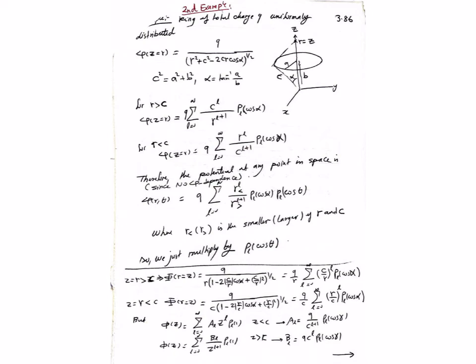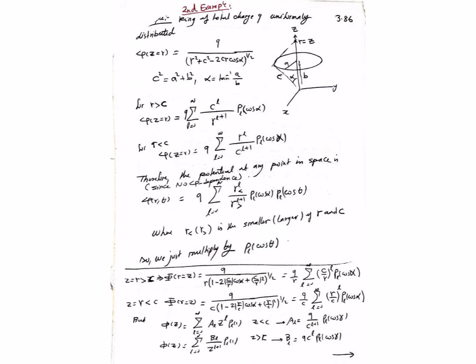As we did in the previous example, once we are done with these constants, we just have to multiply by P_L of cosine theta. So the solution is given by phi equals q times the sum from L equals 0 to infinity of r smaller to the power L over r greater to the power L plus 1, P_L of cosine alpha, P_L of cosine theta.